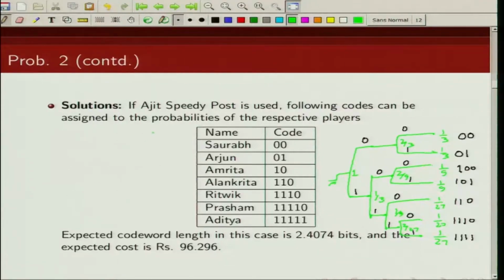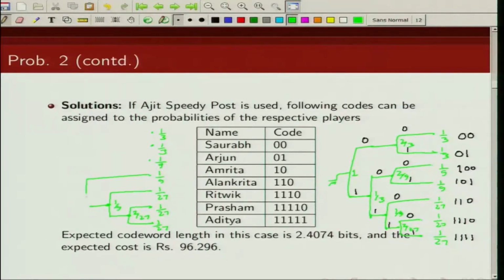So we have these 2 nodes with probability 1/3, 2 nodes with probability 1/9, and then we have 3 nodes with probability 1/27. I start off with two of these nodes and make a new node which has probability 2/27, then I combine these two and get a new node which has probability 1/9.